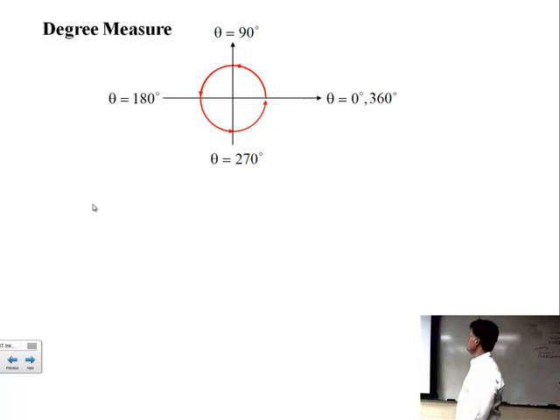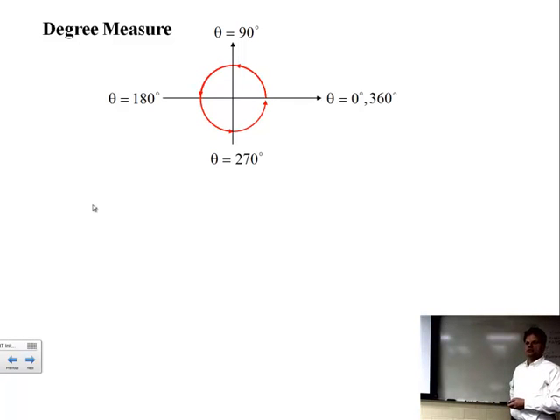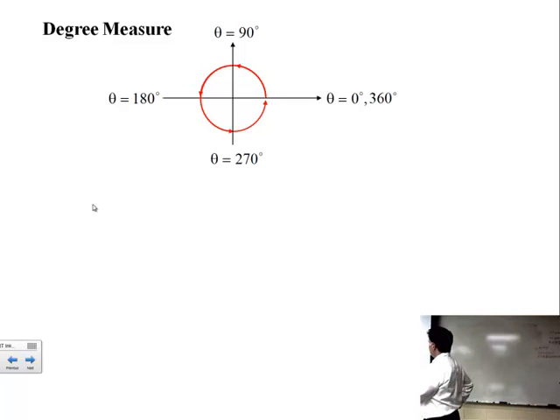That's okay. All right. Degree measure. So this we're probably more used to. In degree measure, we chop up one complete revolution into 360 equal parts, and we call each one of those a degree. So one complete revolution is 360, or 0, because it's coterminal, so we start with 0. 90 degrees is a right angle.